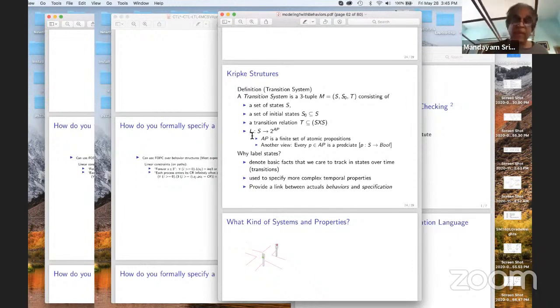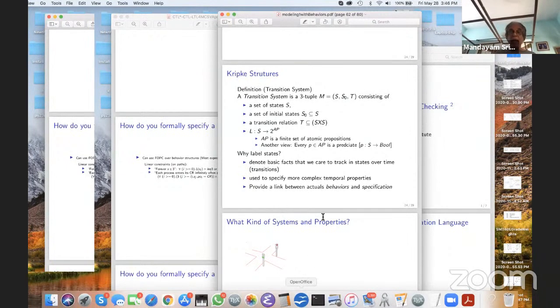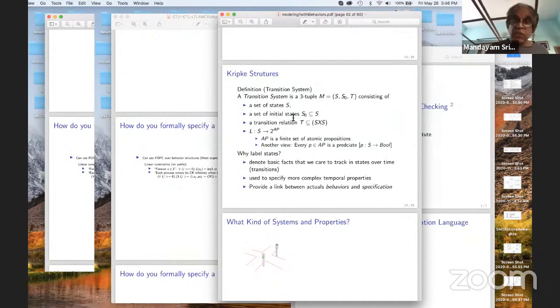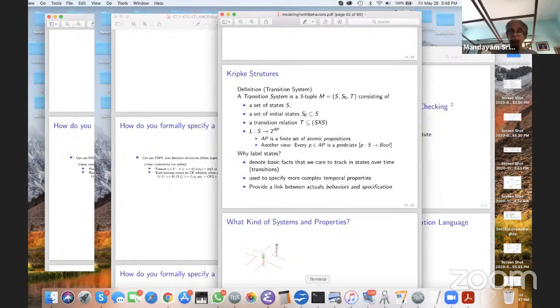But for the time being, let's assume that the Kripke structures that we care about are finite, in the sense our set of states S is finite.